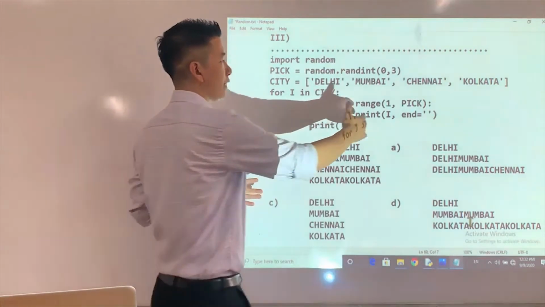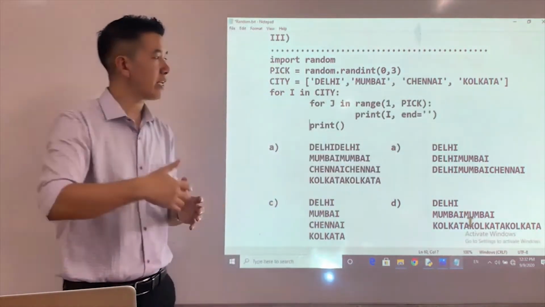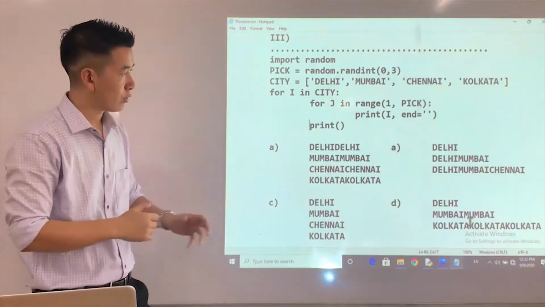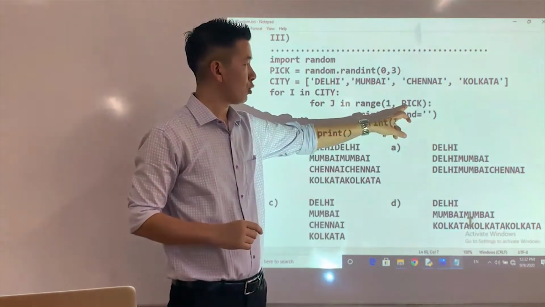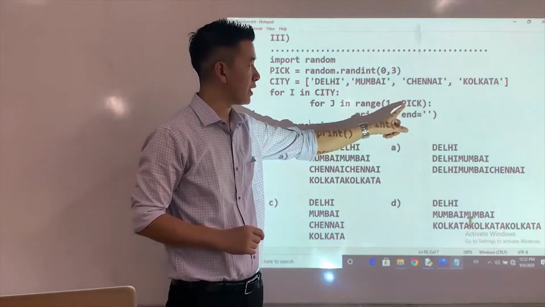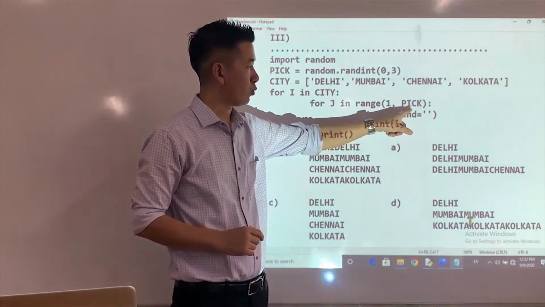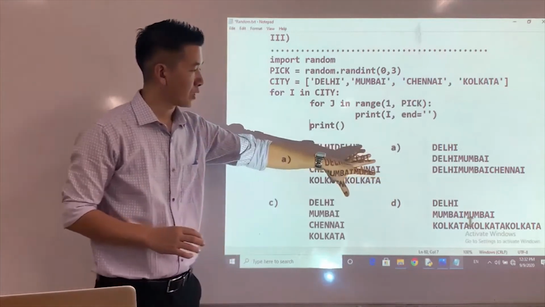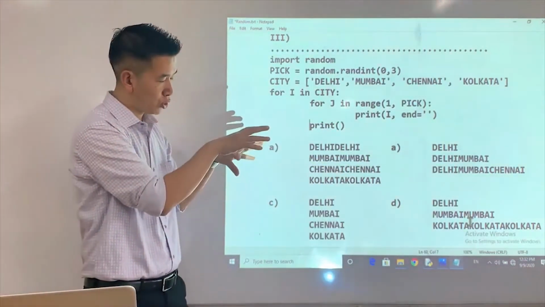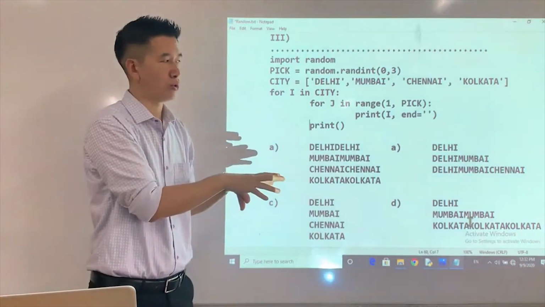So do we have any other possible values for pick? The answer is no. Either it could be 0, it could be 1, it could be 2, or it could be 3. It cannot be 0 and 1 because we need to pick from the 4 possible outputs, all of which have values, right?